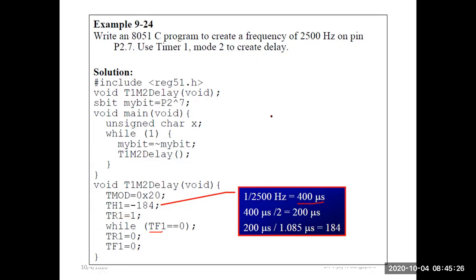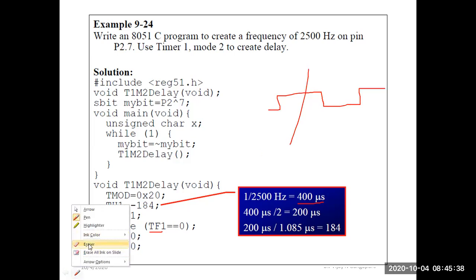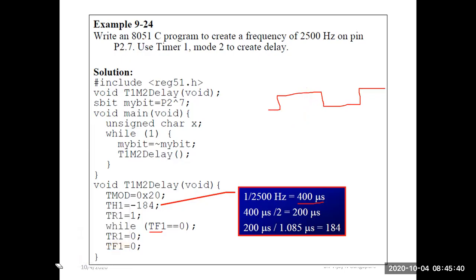So I have to generate such a square wave of 2500 hertz, which means its time period will be 400 microseconds.